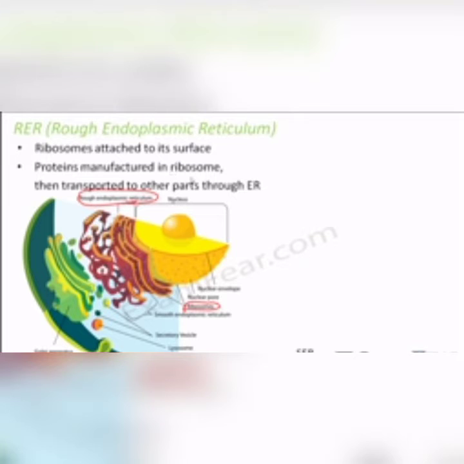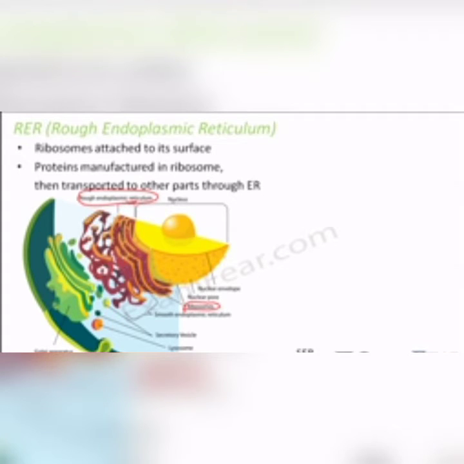So proteins are manufactured in ribosomes, then transported to other parts through endoplasmic reticulum. Since this endoplasmic reticulum contains ribosomes and ribosomes synthesize proteins, the main function of rough endoplasmic reticulum is protein synthesis and then transporting it to other parts of the cell. Now, looking at their structure, the rough endoplasmic reticulum is continuous with the membrane of smooth endoplasmic reticulum.